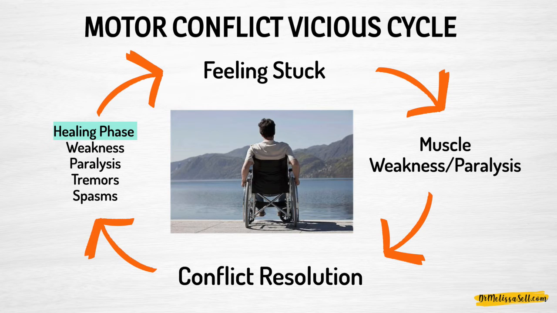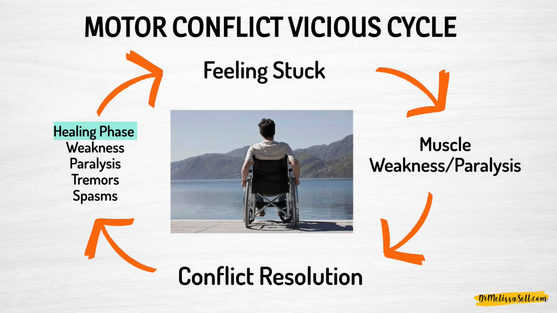So I want to talk about the motor conflict vicious cycle. And this is common with many different conflicts, where you have the original biological conflict, in this case, feeling stuck. The feeling stuck conflict manifests in muscle weakness and paralysis. Then you resolve the conflict and you have even more weakness, paralysis, tremors, and spasms.